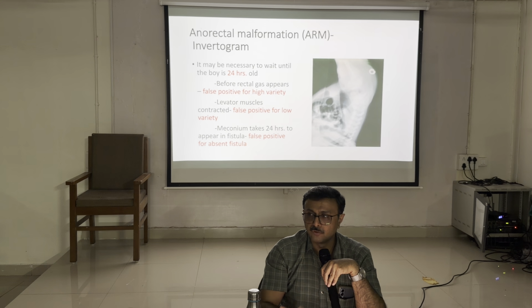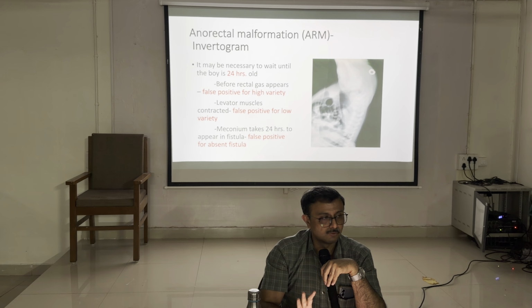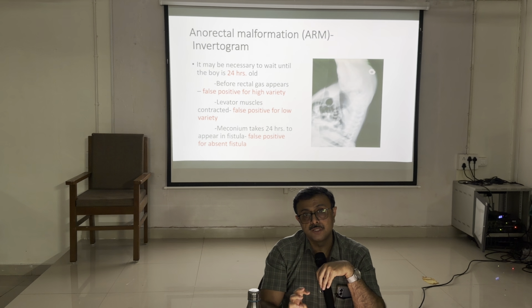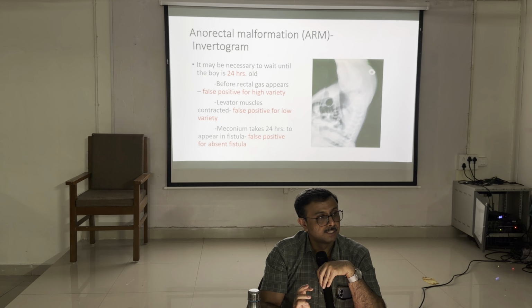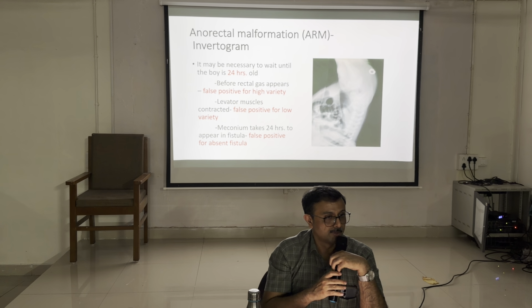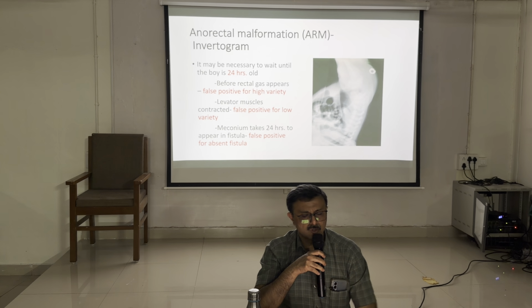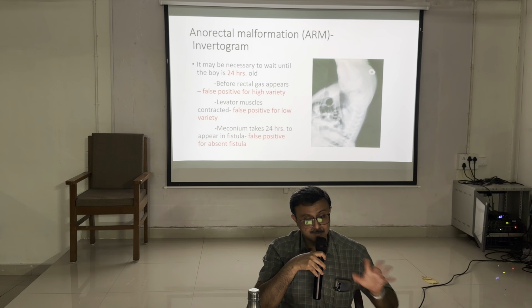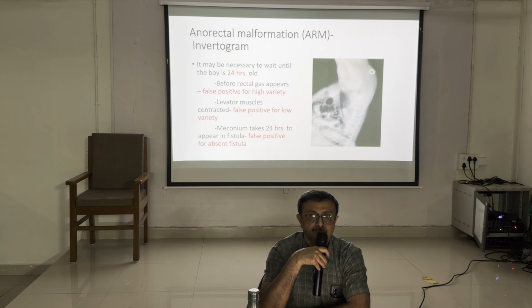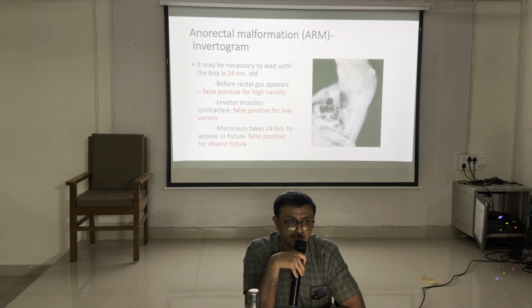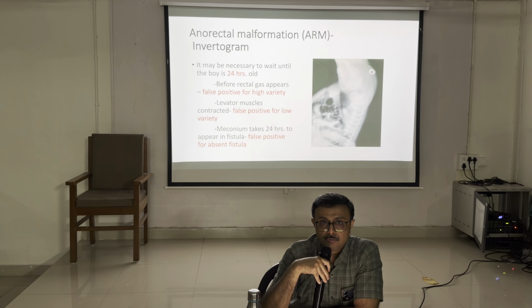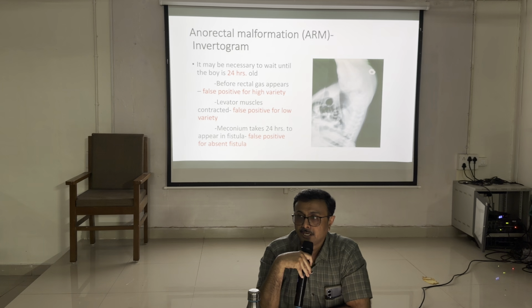Some congenital anomalies are not rare. Anorectal malformation is the most common anomaly in pediatric surgery. Still patients are coming. Anorectal malformation means ectopic anal opening or absence of anal opening.